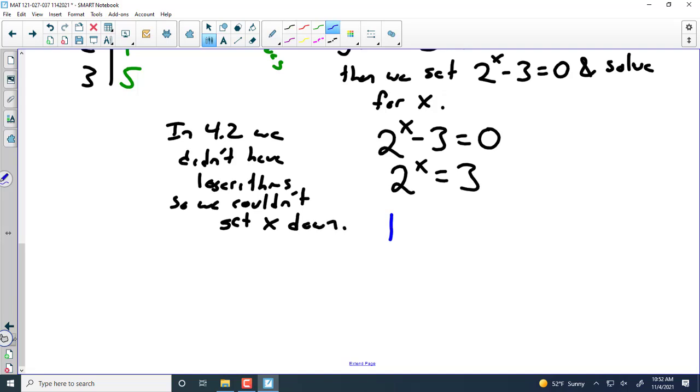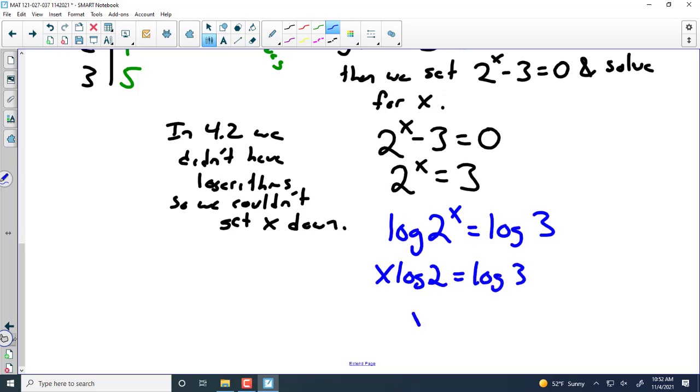But now, I can take the logarithm of both sides, bring down the x, divide both sides, and I can actually figure out where that x-intercept is. Now, maybe that's not the most amazing climax in math you were hoping for, like, ooh, I can find an x-intercept now. But it is kind of interesting to know that there were problems that we couldn't solve for x before, and now we suddenly have these brand new tools and we can solve for x in ways we couldn't before. As short as a week or 2 weeks ago, we couldn't do this. But now we can.